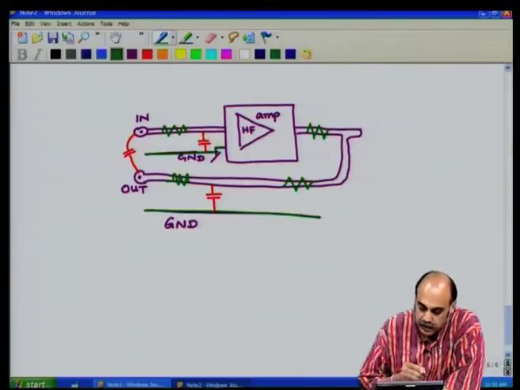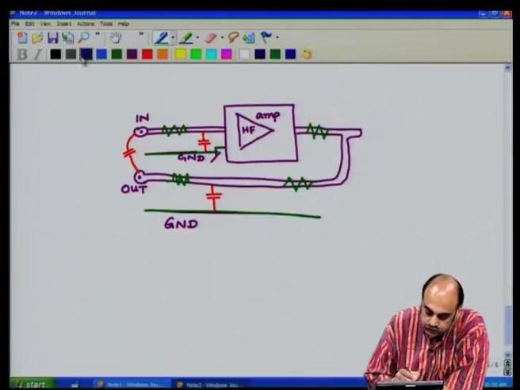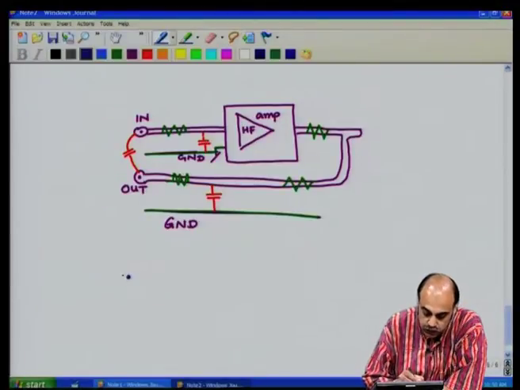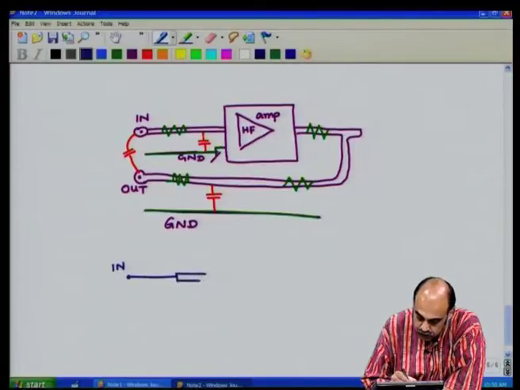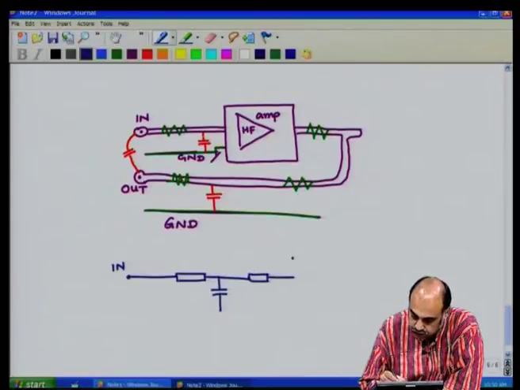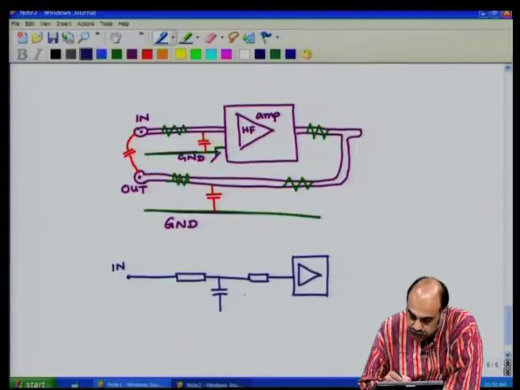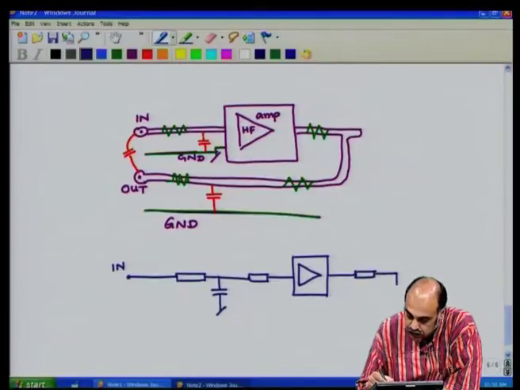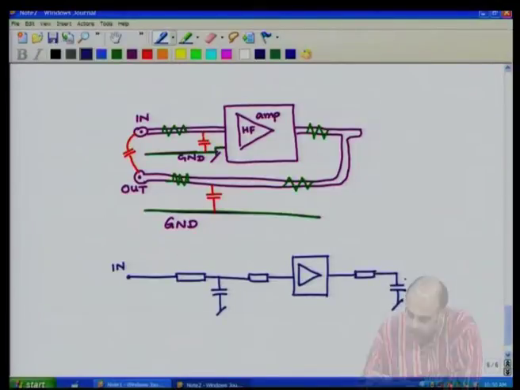So, effectively what would happen? It would look like, circuit wise, I have the input and a resistance, a capacitance, maybe a resistance like that. Then you have your high frequency amp, you have resistance, capacitance, and the output.